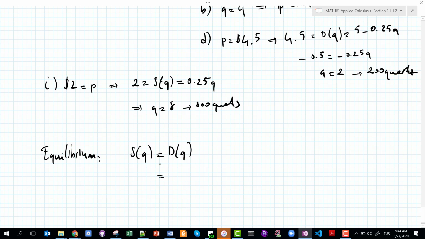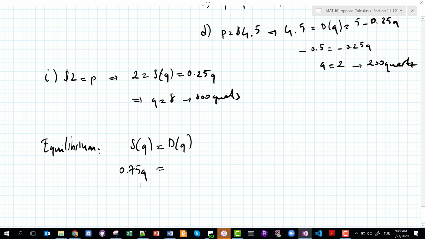So if I make these functions equal to each other, on this side the supply function is equal to 0.25Q, and the demand function was equal to 5 minus 0.25Q.